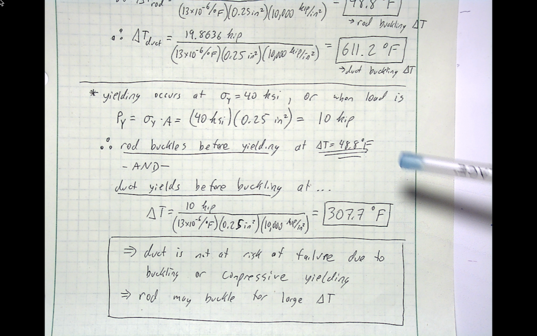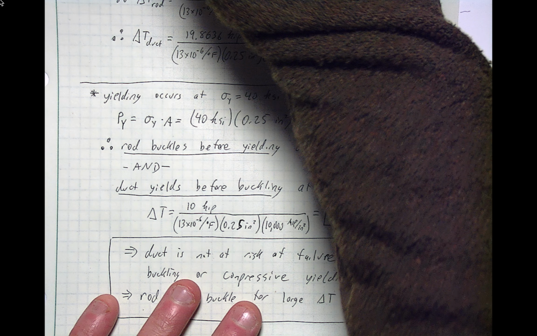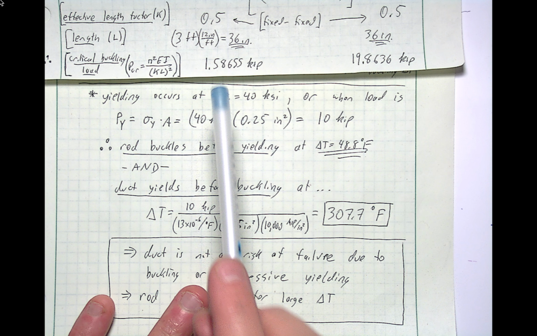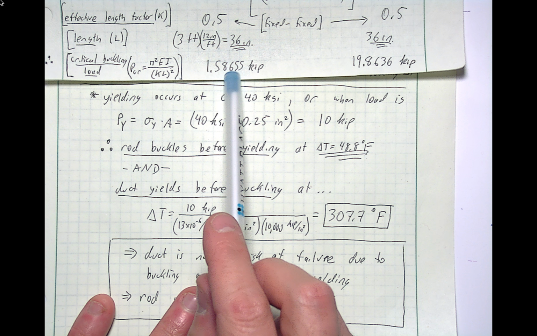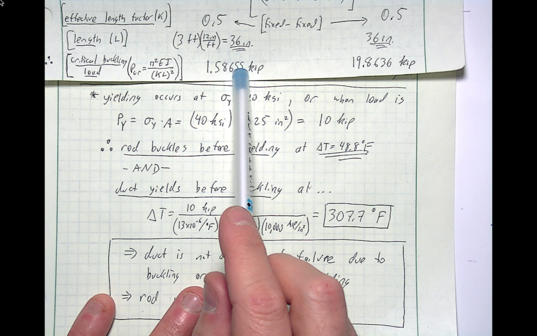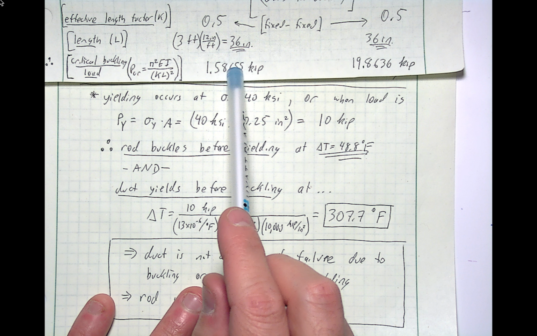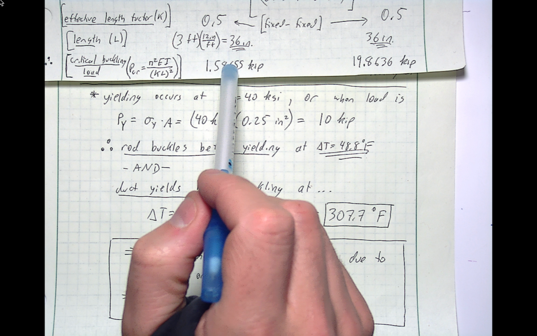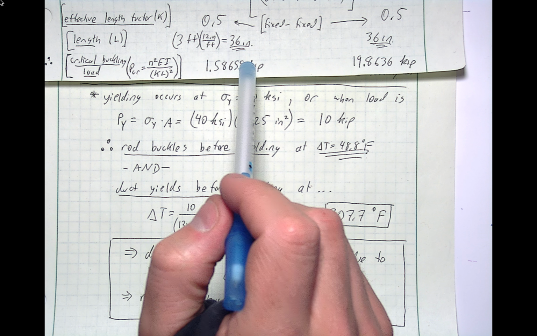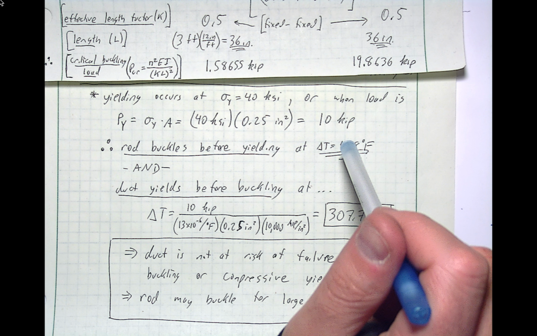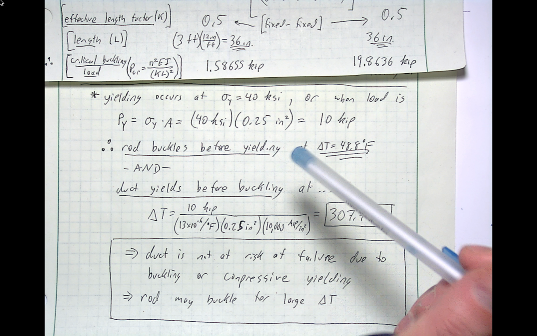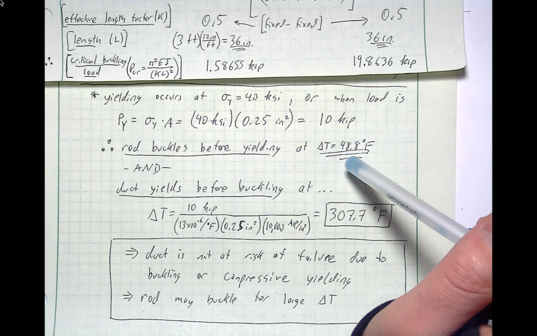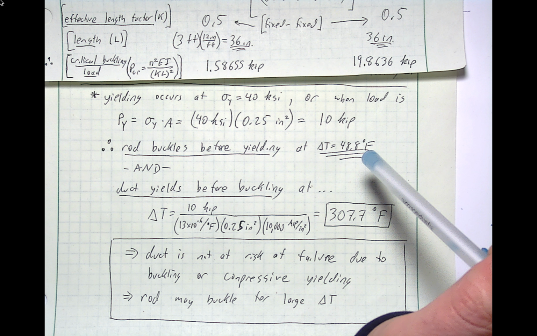Well, we compare this 10 kilopounds to the critical buckling load for the rod. As the temperature increases, and therefore the internal force is increasing, this will be achieved first, right? You're going to get to 1.6 kilopounds before you get to 10 kilopounds. So therefore the rod will buckle before it yields, and it's going to occur at this 48.8 degrees Fahrenheit.